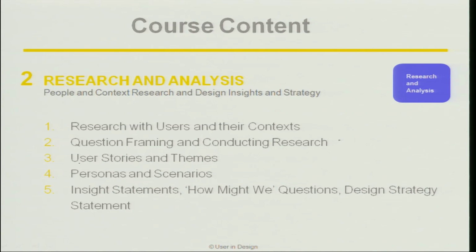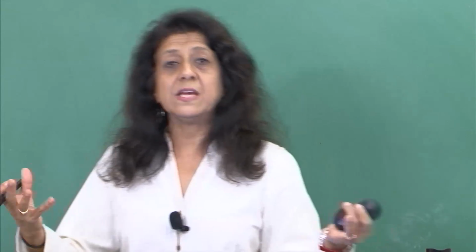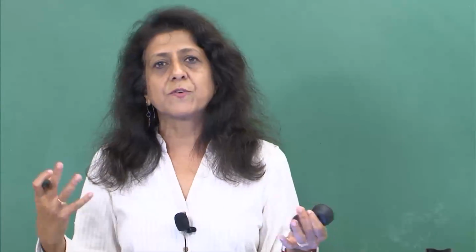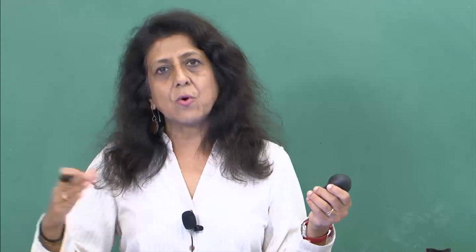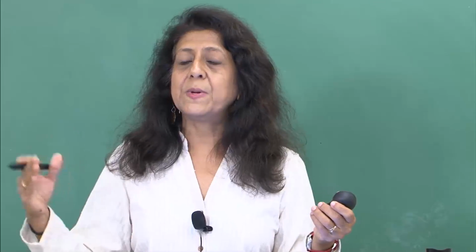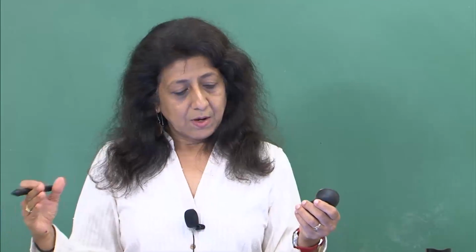Then in subpart 3, user stories and themes, we will see how everything that we have found out in the field, in the users' homes, in the users' offices, wherever it is we've gone for our research, what are those stories? What are the story of things happening in users' lives?